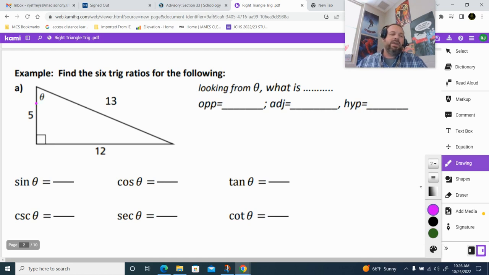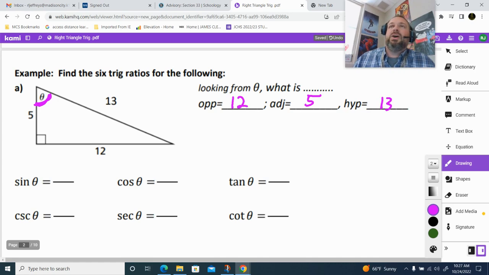Okay. So here's my angle. I'm looking right here. What side is opposite of this angle? 12. Okay. What side is adjacent? And hypotenuse is 13.